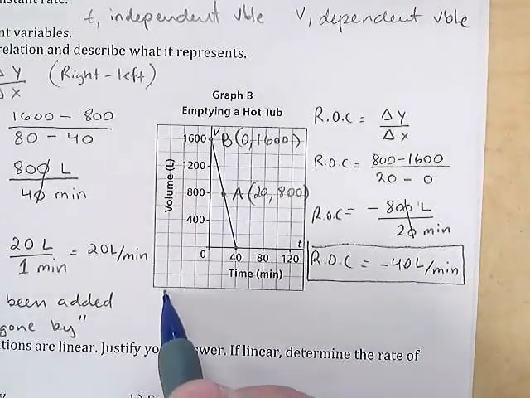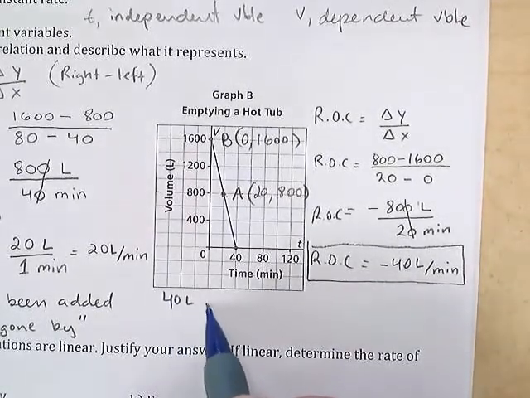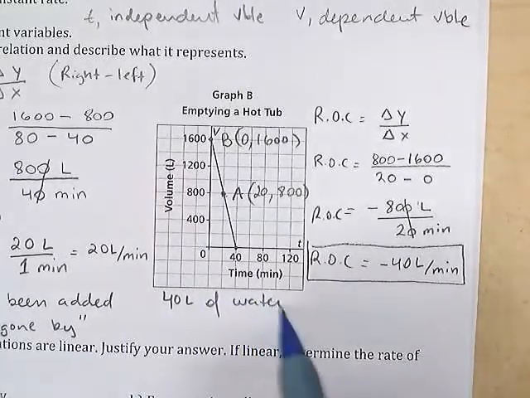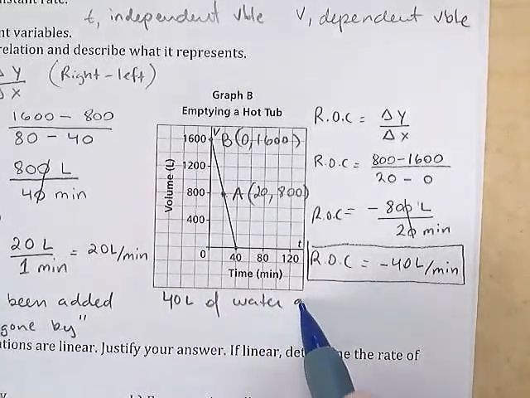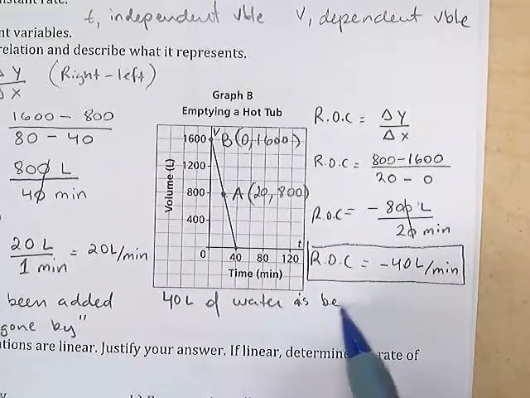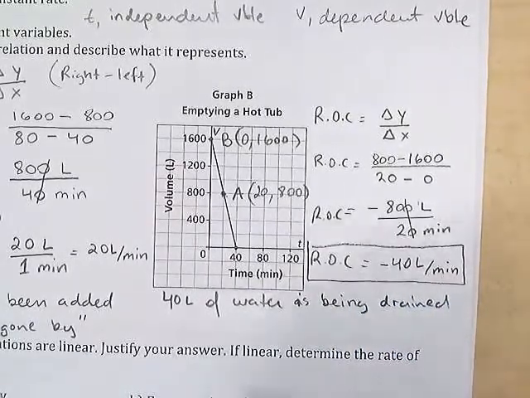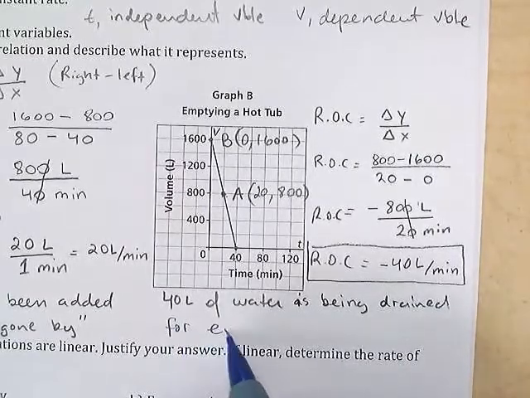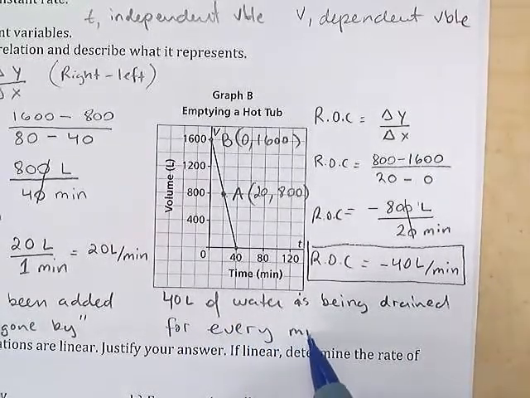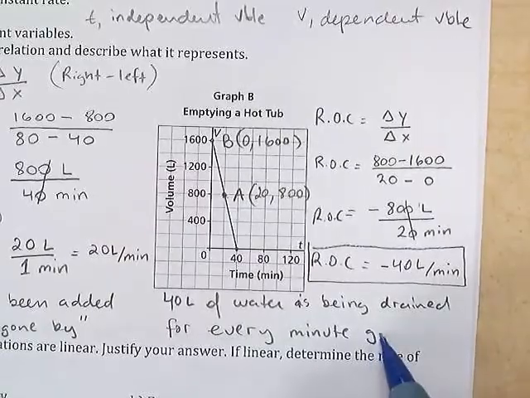You can say that 40 liters of water is being drained for every minute gone by.